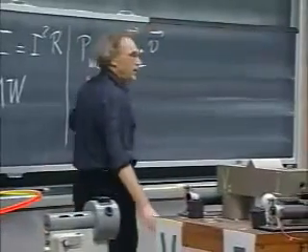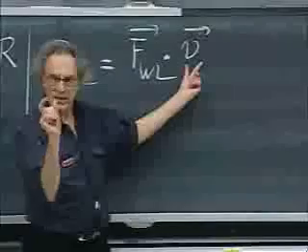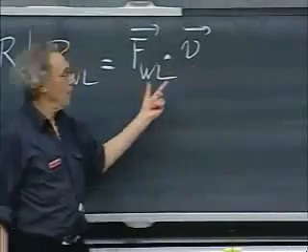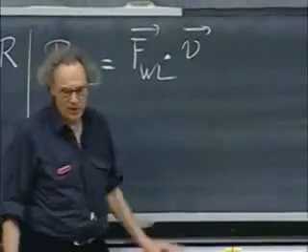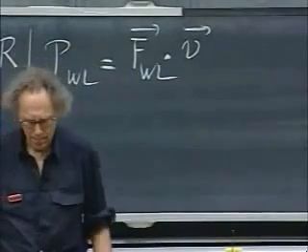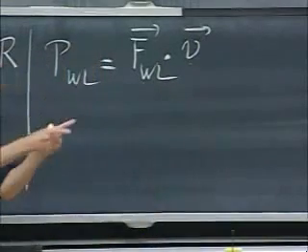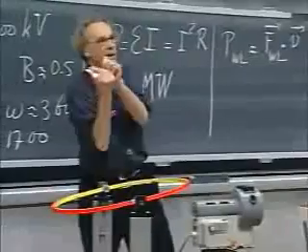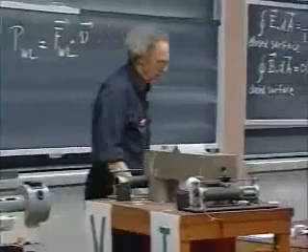The work that I do is force over a little element dx. But power is work per unit time, so the dx dt becomes velocity. And my force and my velocity are always in the same direction. When I push, they are in this direction, and when I pull, they are in this direction. So I always do positive work.